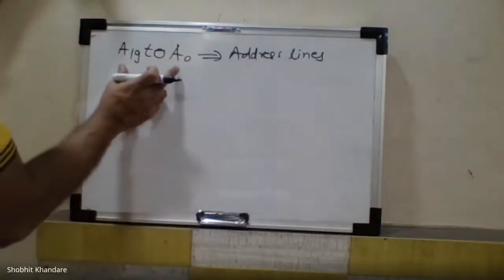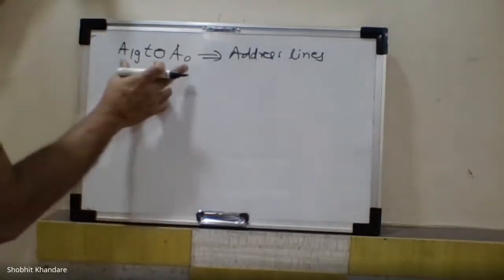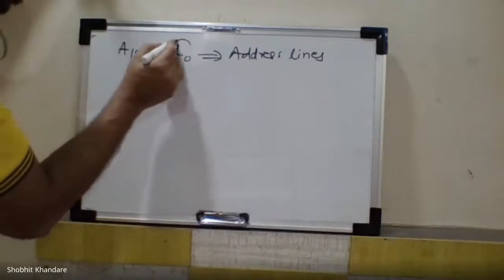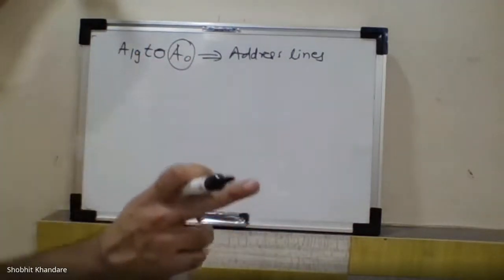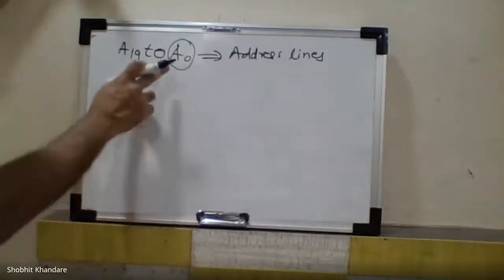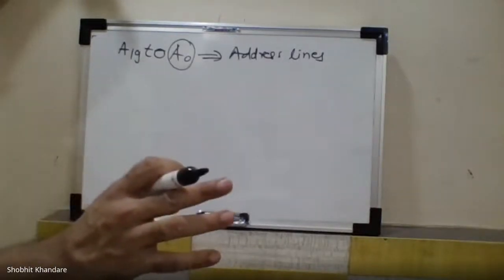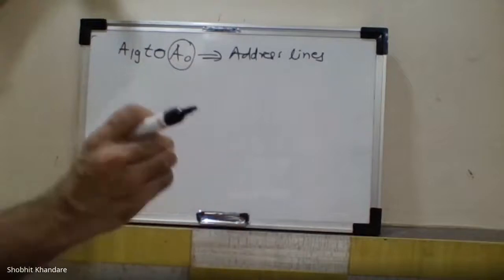Now, out of this A0 to A19, this particular A0 bit will be used to select the bank. A0 bit is used to select the bank.